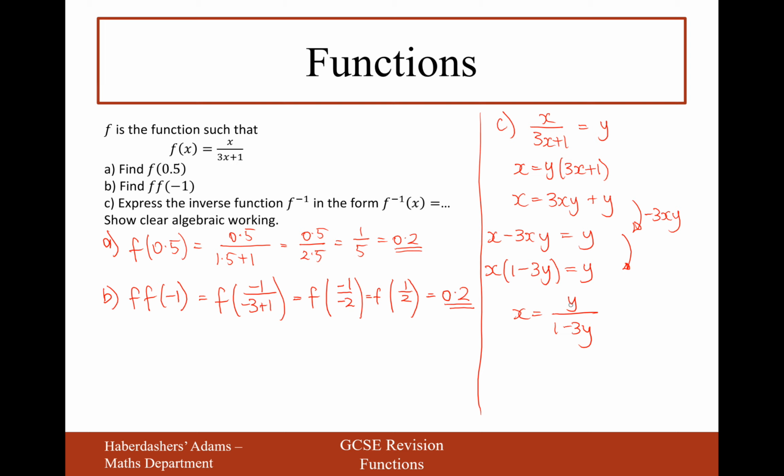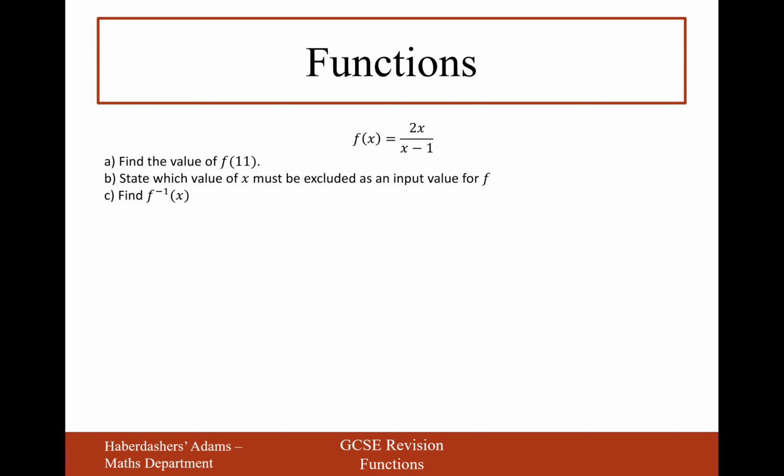It's just x equals something that has nothing to do with x. So the final answer to this question is f inverse of x equals, replacing y with x here, x over 1 minus 3x. And there we are, that's the answer to this question.